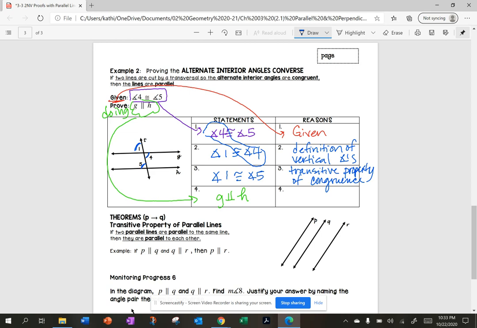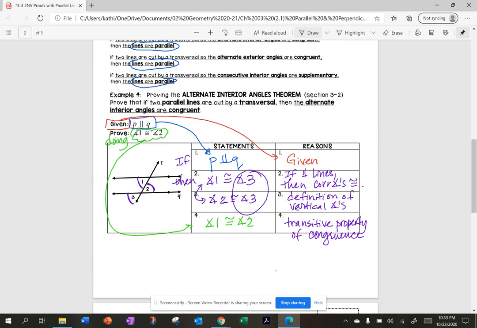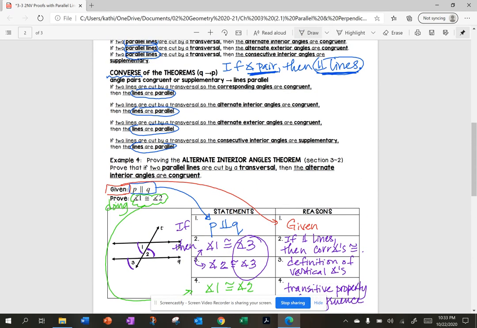Okay, so now I have it. If angle 1 is congruent to angle 5, then my lines are parallel. So this is the if part, and this is the then part. Since I started with the angle pair and I ended with parallel lines, then I have the converse. These are corresponding angles.